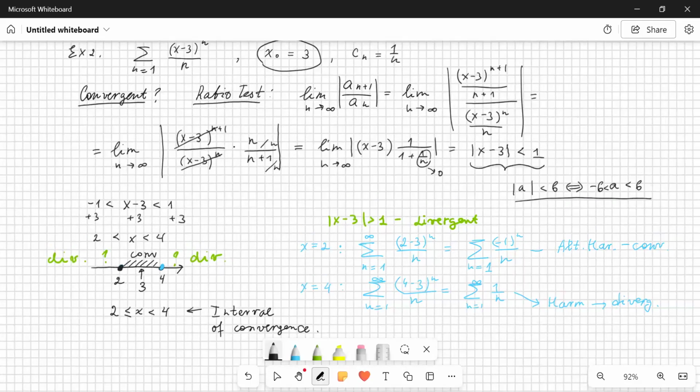Imagine that you put a compass over here and just use radius equal to 1 and draw a circle with this radius. And point 3 is going to be exactly the center of this circle. You see? So guys, though the interval is not really a circle, it's kind of a one-dimensional circle, we are going to call this one the radius of convergence.